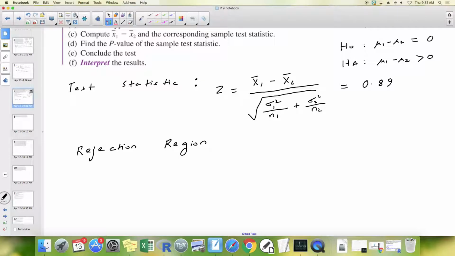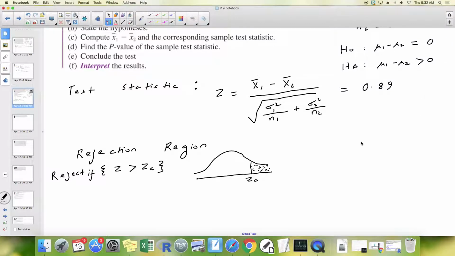All right. So look at HA. HA tells you that it's a right-tailed test. So your rejection region shall be: reject if Z is bigger than ZC. What's ZC? ZC is such that the right tail, so it's a right tail test, so we are looking at the right tail.